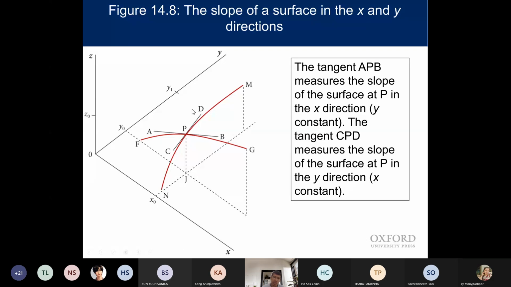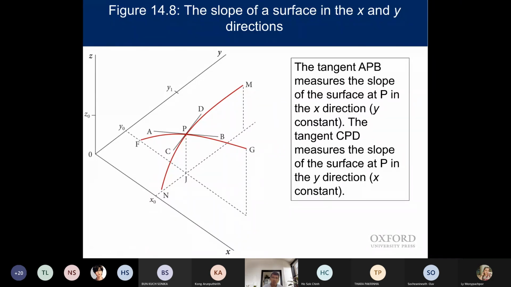For example, this is the surface of a function z of x and y, but maybe if you focus on a particular direction, for example in x direction, you may take y equal to a constant, and then you just let x vary. Just like you are walking on the surface in x direction, and you start at this particular point, right?